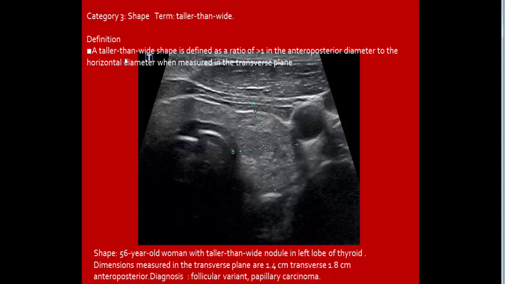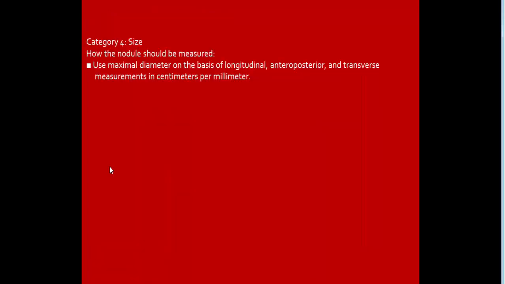This is taller than wide, and this is one of the suspicious signs. And in this case, a papillary variant of papillary carcinoma. Category 4, size. How should the nodule be measured? Use the maximal diameter on the basis of longitudinal, anteroposterior, and transverse measurements, in centimeters or millimeters.